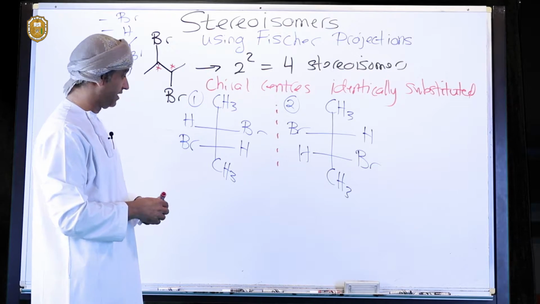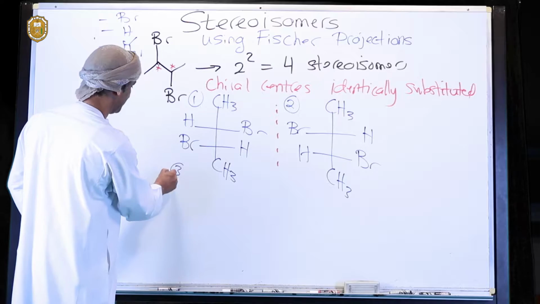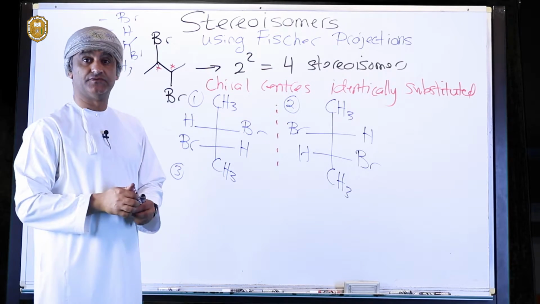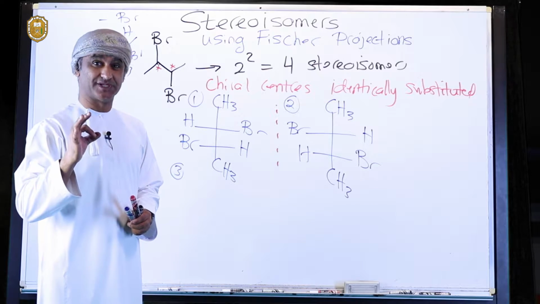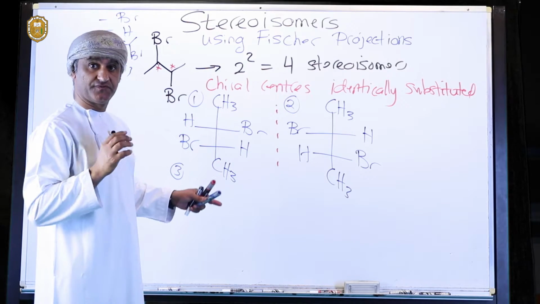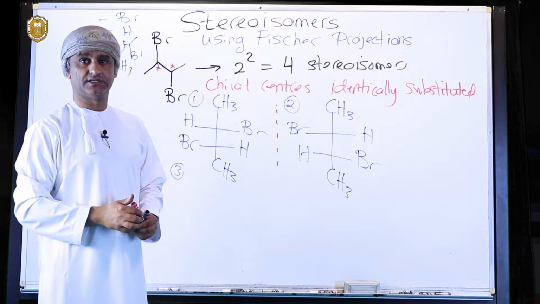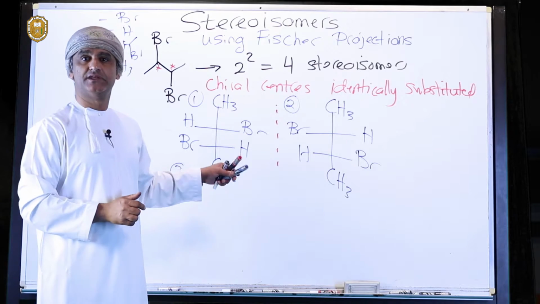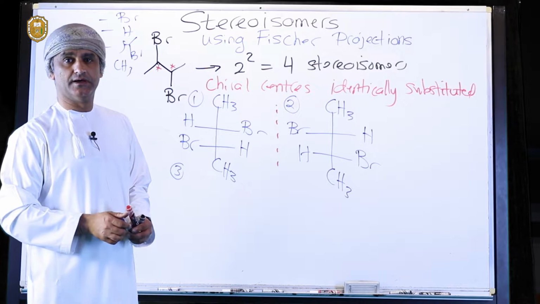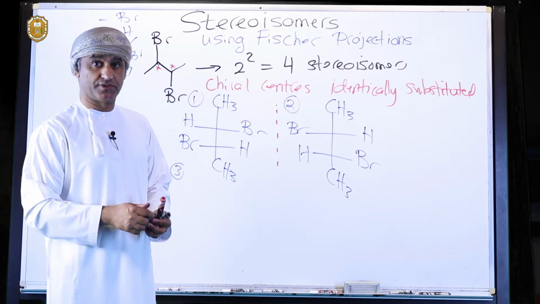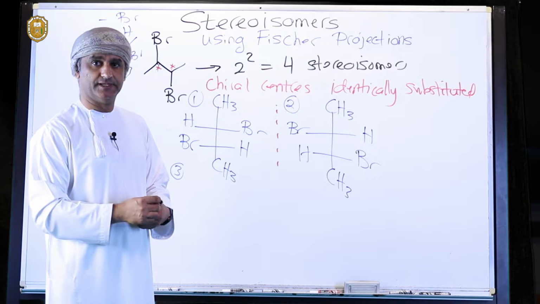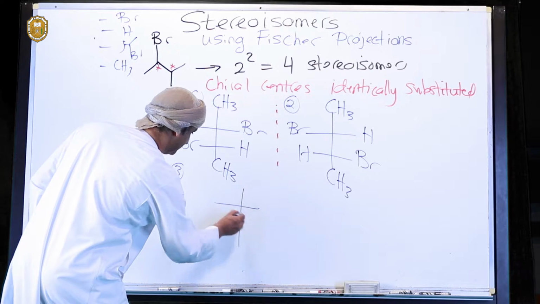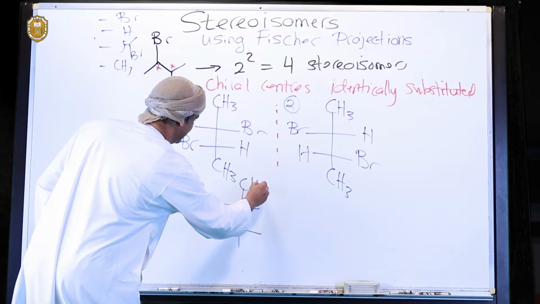In order to draw the third one, as we did before, you keep the absolute configuration, or stereochemistry, at C2 or C3 fixed, and then you reverse the other. Whichever you do doesn't really matter, because in the end we will draw the mirror image of it in order to get the fourth stereoisomer.